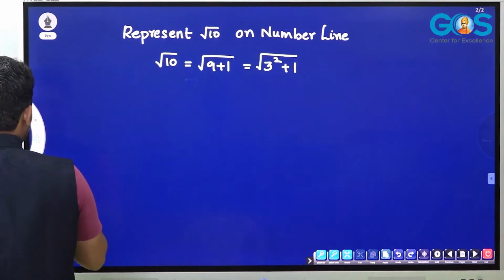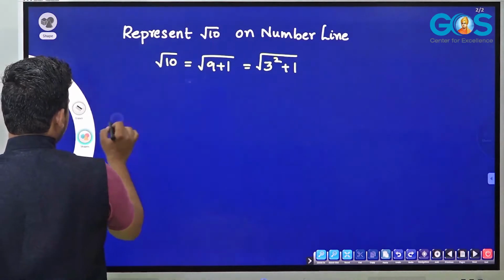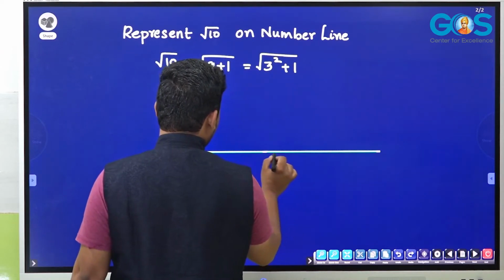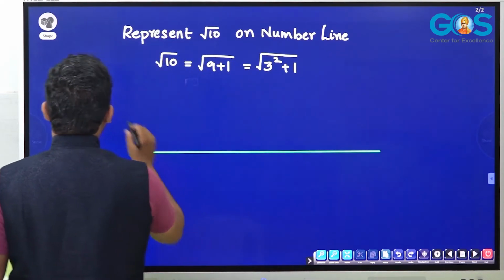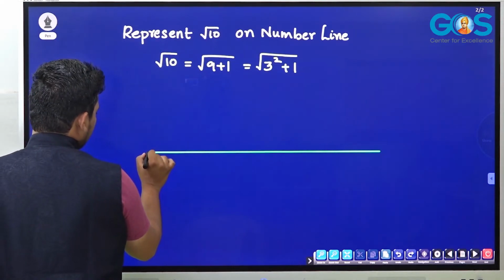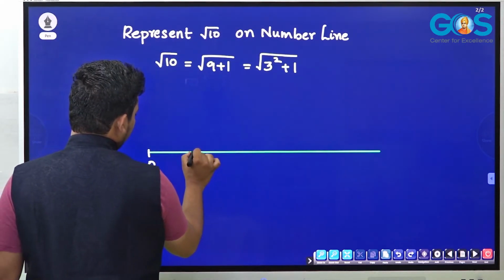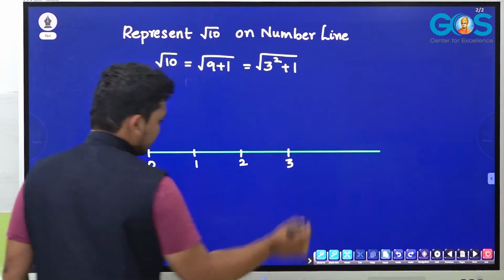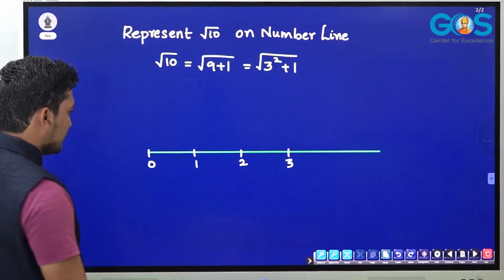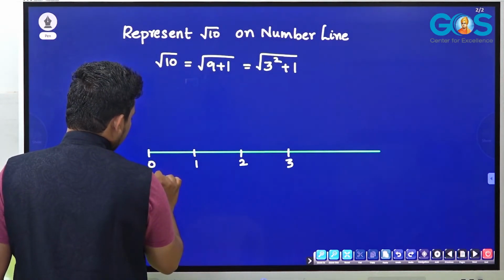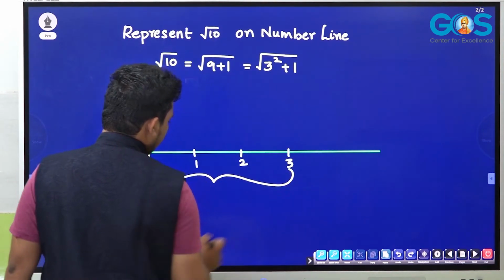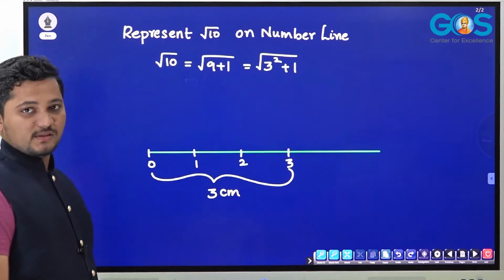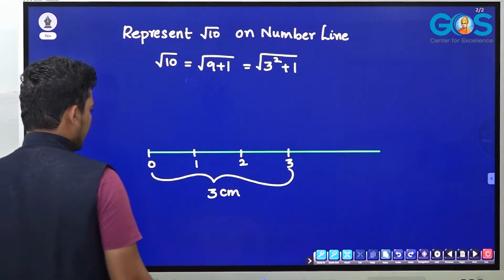Okay, now as usual let us draw a number line, and here 3 units are there, means you should take 3 units: 0, 1, 2, 3. The length is 3 centimeters, so from your scale you should take 3 centimeters.